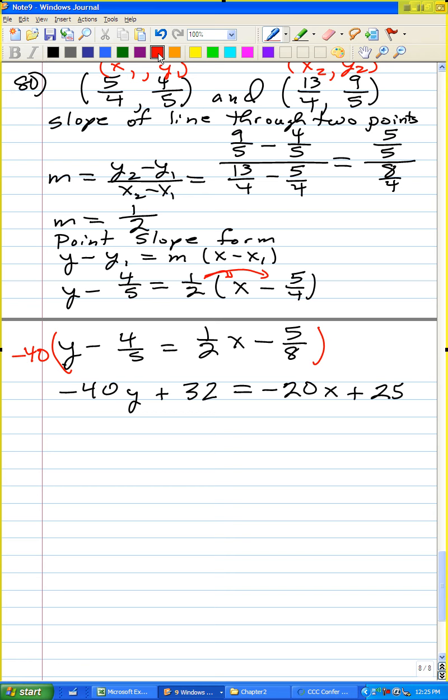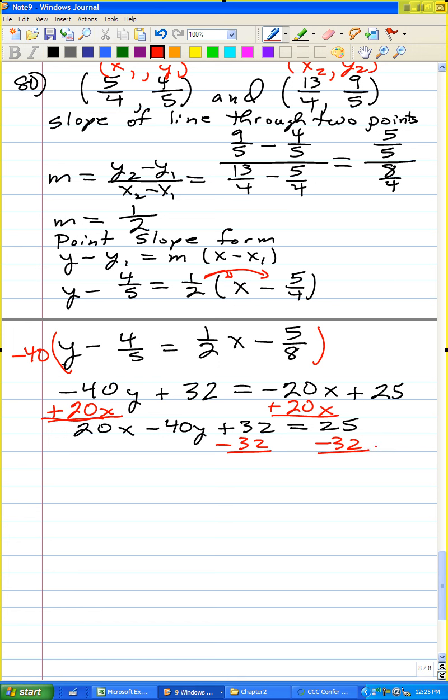Let me add 20x to both sides of my equation so that all x's and y's are on one side of my equation. And so I have 20x minus 40y plus 32 equals 25. Let me subtract 32 from both sides of my equation.